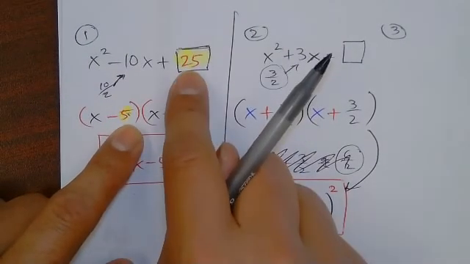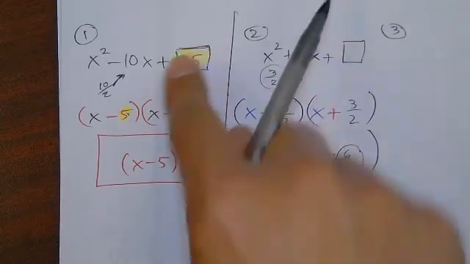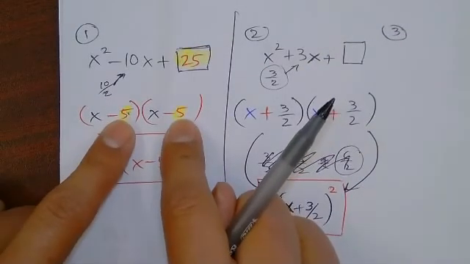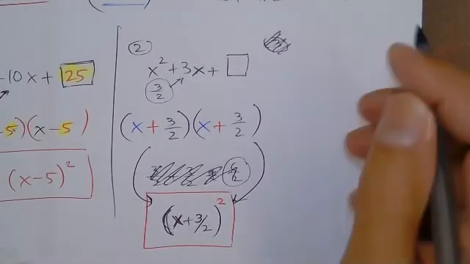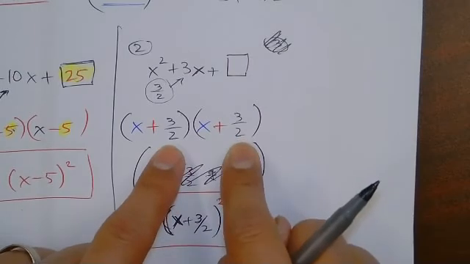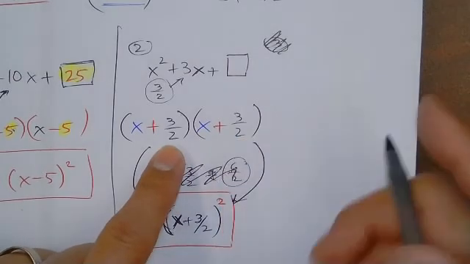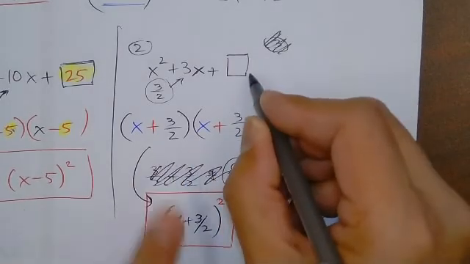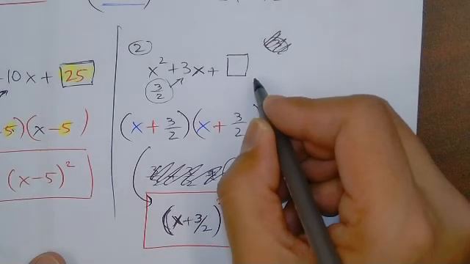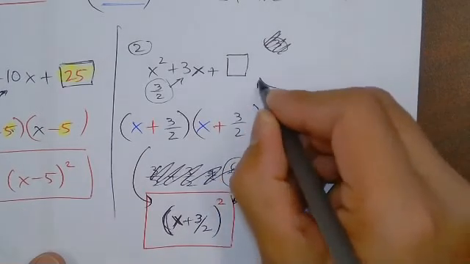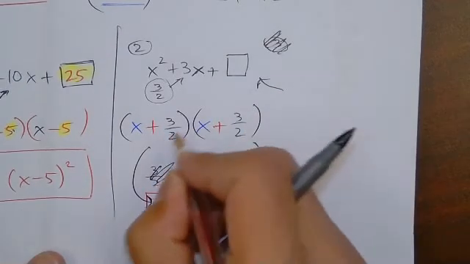Once I know these two numbers, what do I have to do to this to get that one? Because I didn't pretend we don't know it. What do I have to do to these? Multiply it. Okay. I'll do number 3 later. If this is 3 over 2 and this is 3 over 2, what do you have to do to get this number? Don't you have to multiply them?